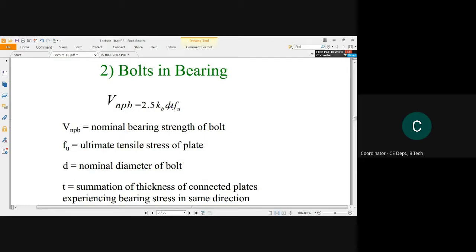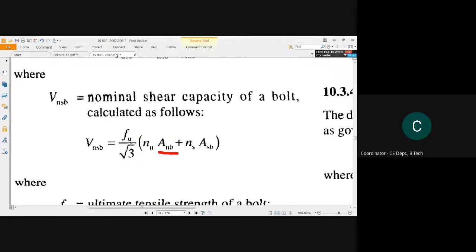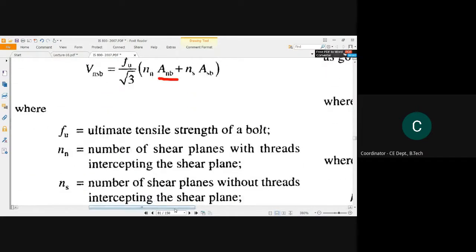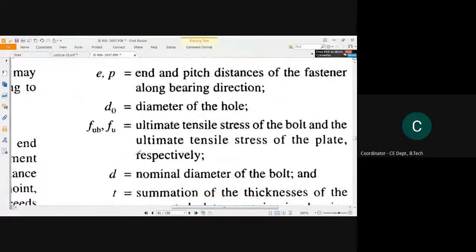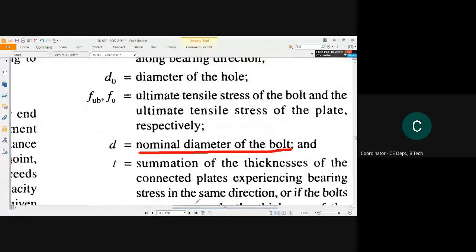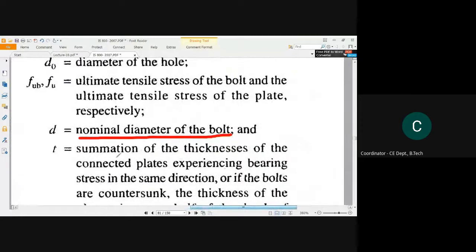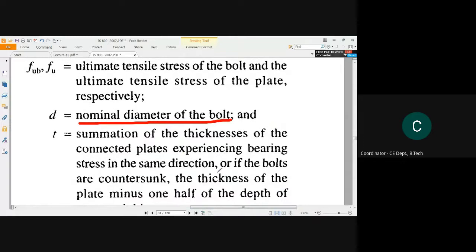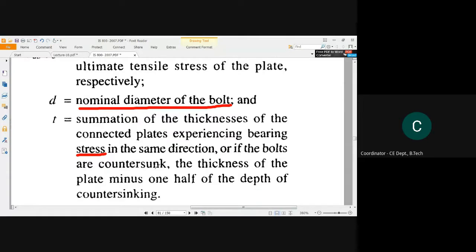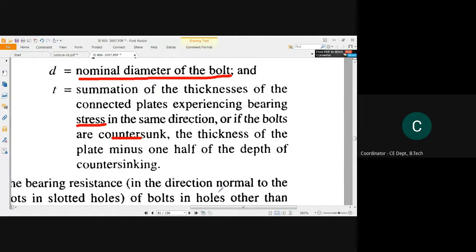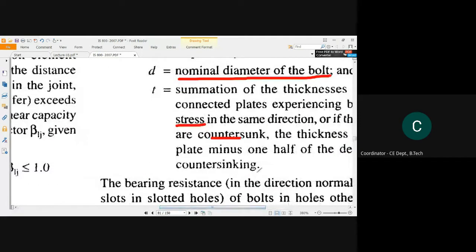That is why we have considered d into t. See here, d is nominal diameter of bolt, and t is the summation of the thickness of connected plates experiencing bearing stress in the same direction, or if the bolts are countersunk, the thickness of the plate minus one half the depth of countersinking. So this is some brief expression given here.